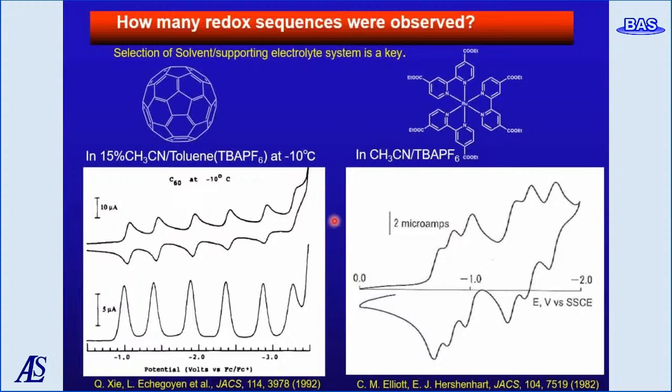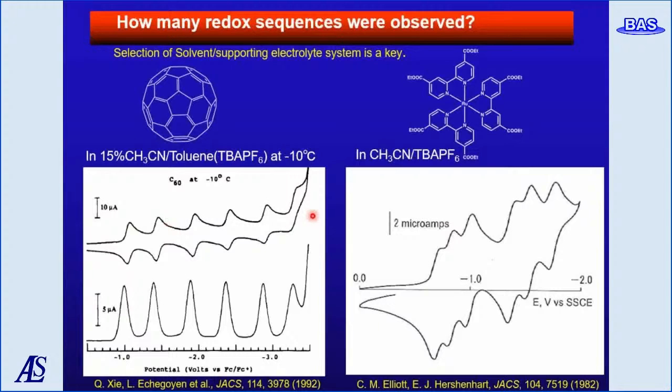I have shown two examples here. The first one is C60 fluorine in acetonitrile-toluene mixture at -10 degrees. You can see the successive 6-step reduction waves.